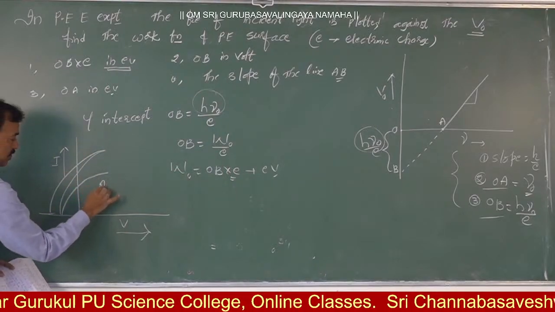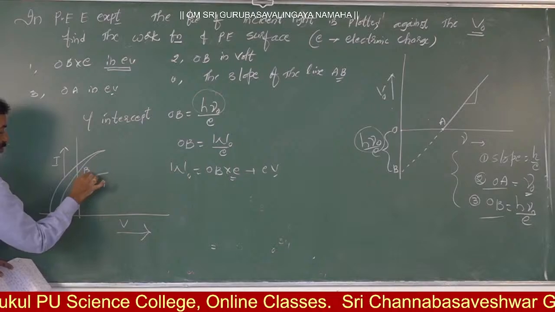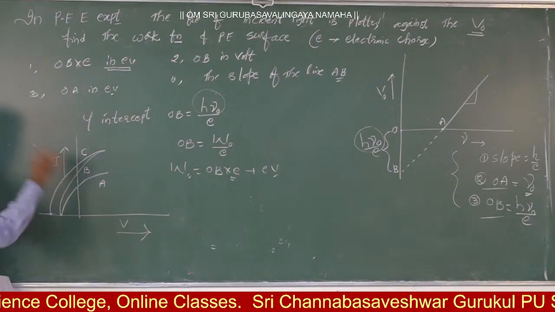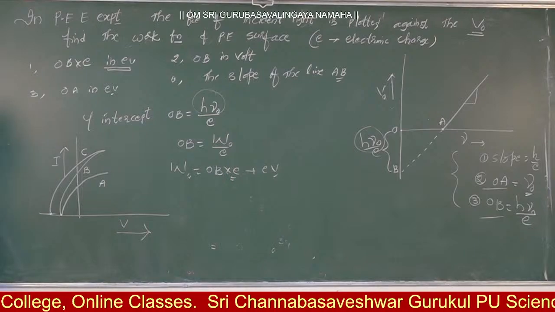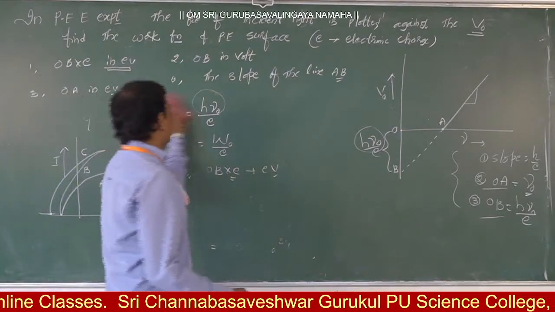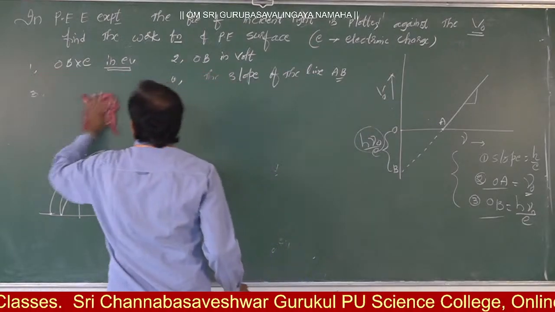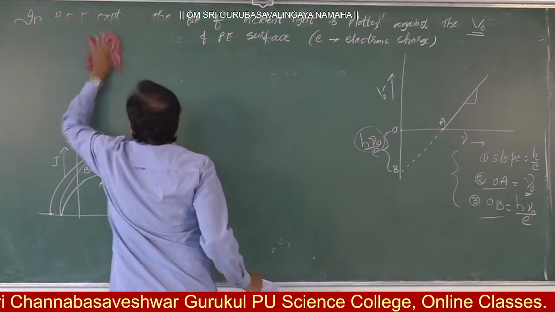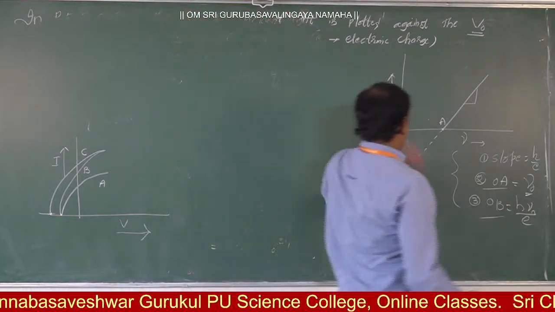So this one is A, this is B, C. Draw this graph. Again, write the question also.